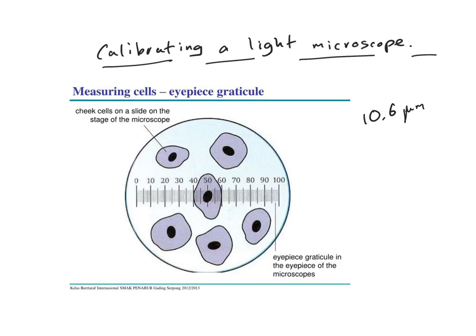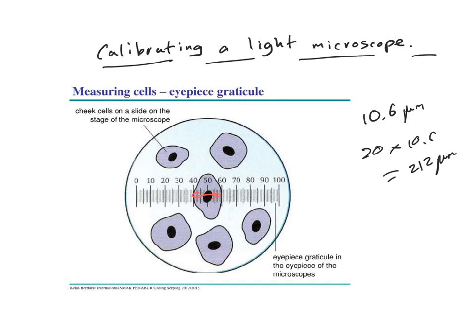For this, the width of the cell is 20 divisions. So all you do is 20 times 10.6, which equals 212 micrometers for the width of this cell that we are seeing.